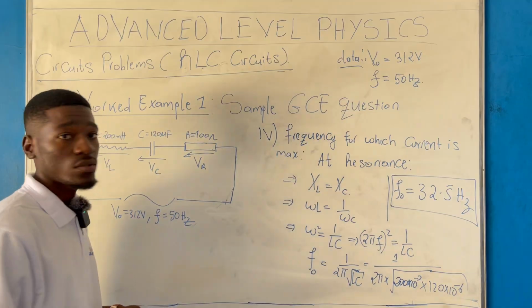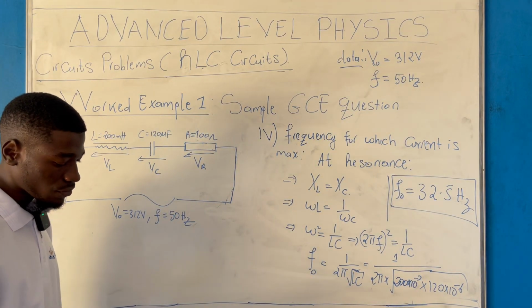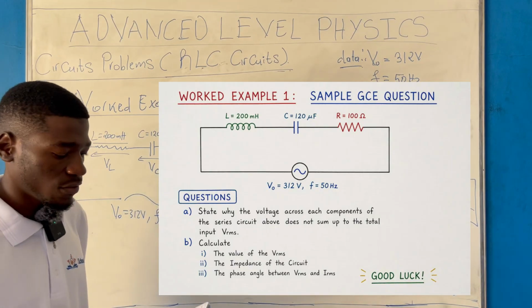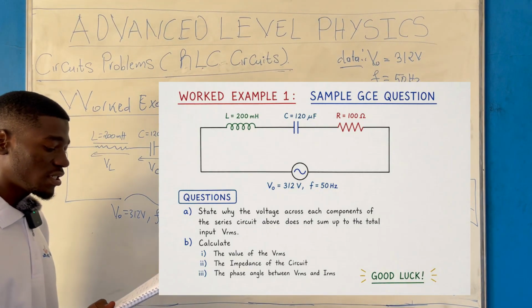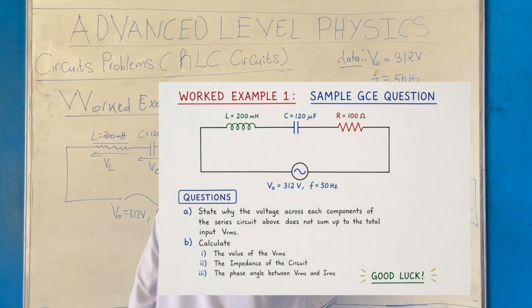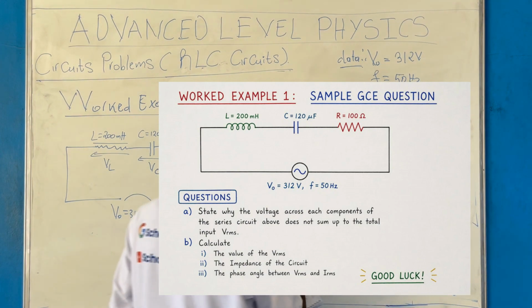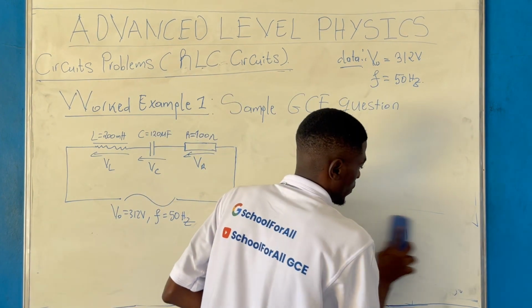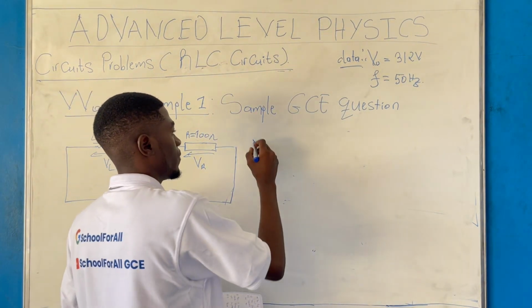Okay, now let us go to the last part of our question, which is asking us to sketch a phasor diagram to represent the phase difference between the voltage RMS and the current RMS. That is Roman 5.